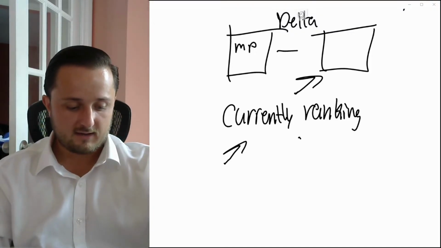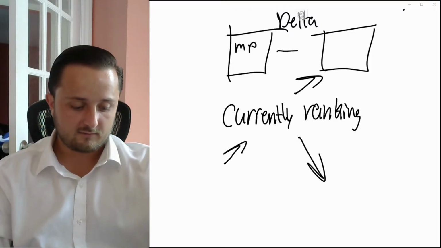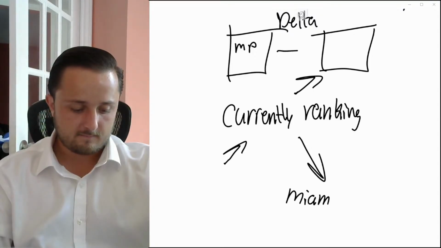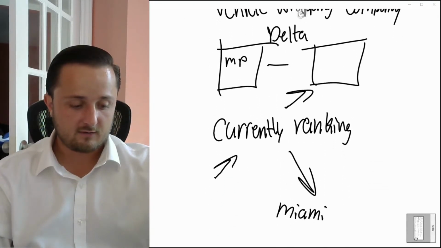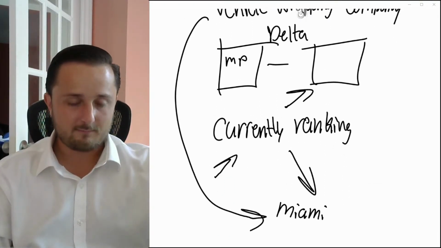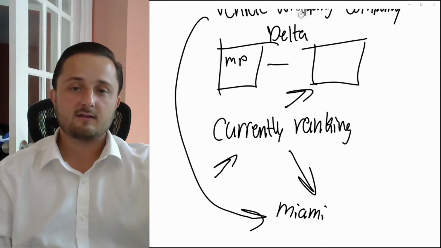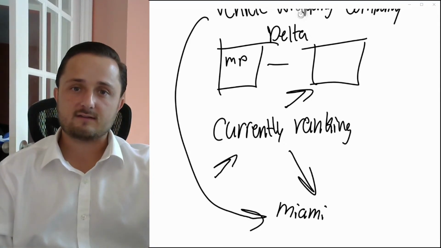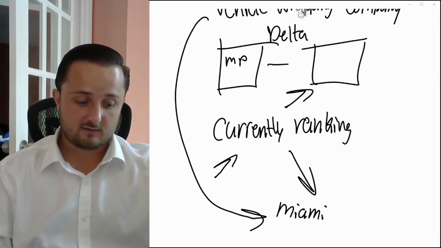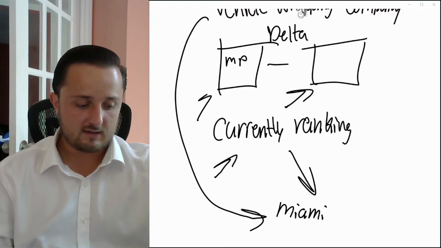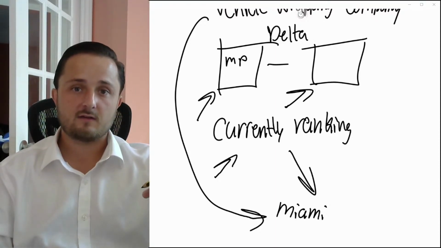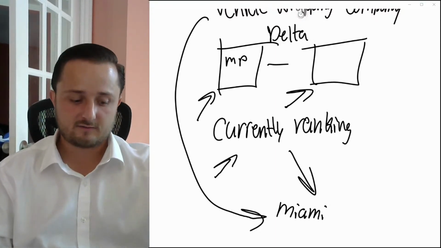Then I can also apply this to other areas. Like I can go to Miami. As a vehicle wrapping company, I can see what the people in Miami are currently doing to rank. Then I can get other ideas on what it takes to rank for this keyword, or to rank my money page for the specific product or service that I'm trying to sell.